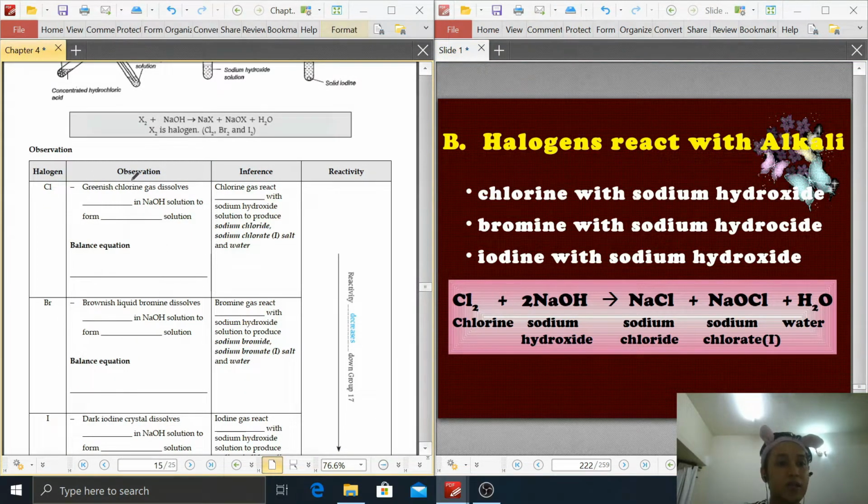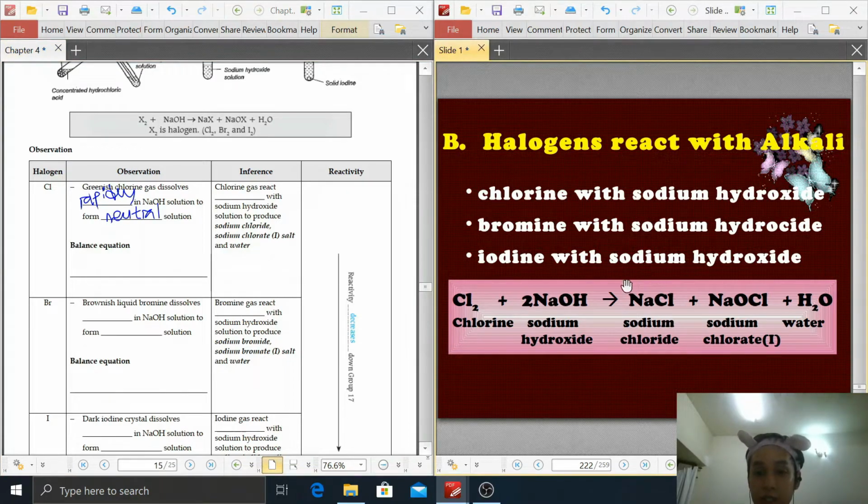Greenish chlorine gas dissolves rapidly to form a salt solution, or neutral solution, neutral because you are getting salts: sodium chloride, sodium chlorate, and water. So the balanced equation is based on this one.